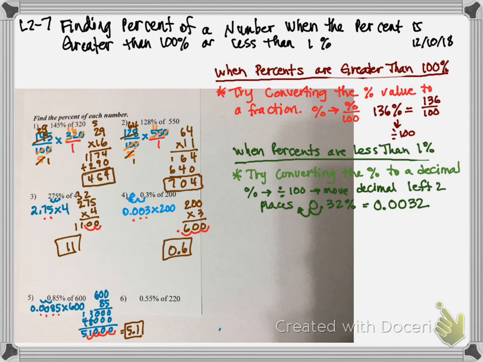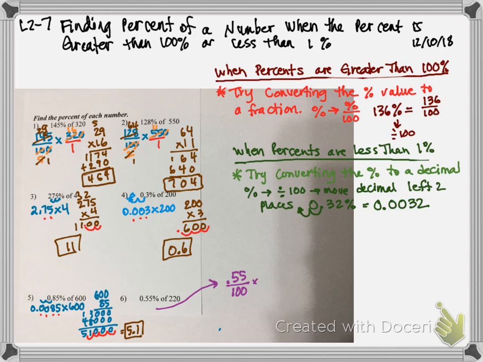Okay, and this last one. Now this doesn't work super well with this strategy, but I'm going to show it to you anyway because this is the misconception that a lot of you had on the quiz. When I take a percent and change it to a fraction, I'm going to do it over here, it becomes 0.55 over 100.